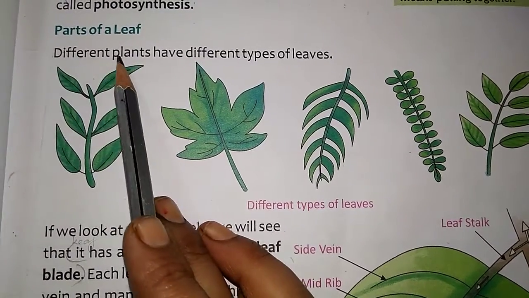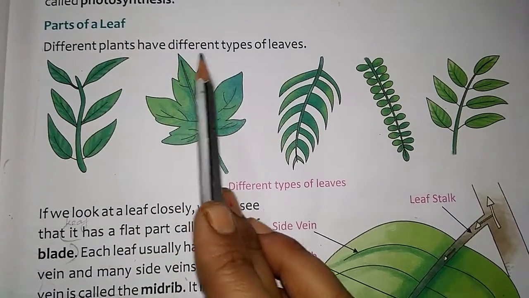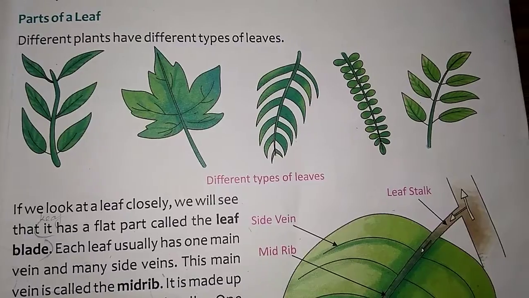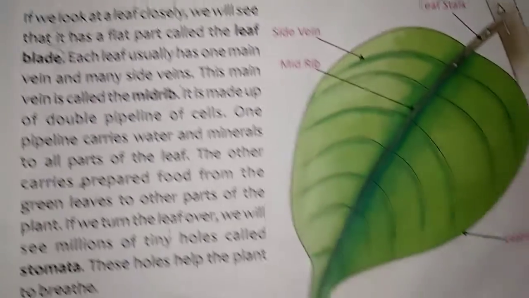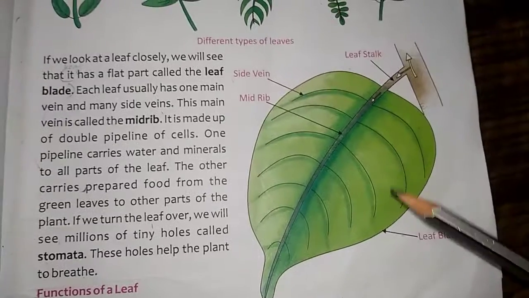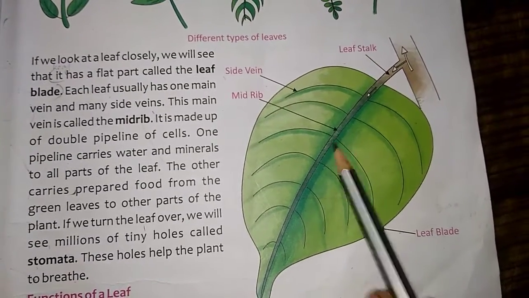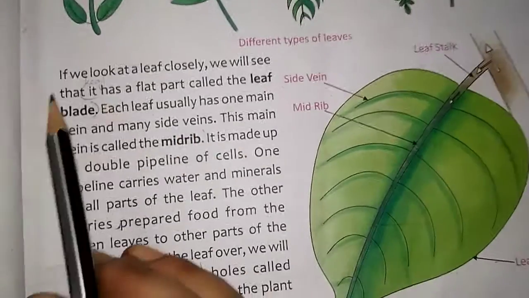Different parts of a leaf. Different plants have different types of leaves. You can see here different plants are having different types of leaves. Here they gave a leaf diagram. This is the stalk, this is the side veins, this is the midrib and this is the outline, it is a leaf blade.